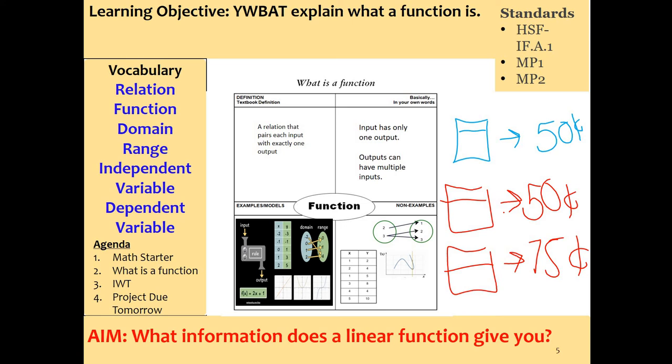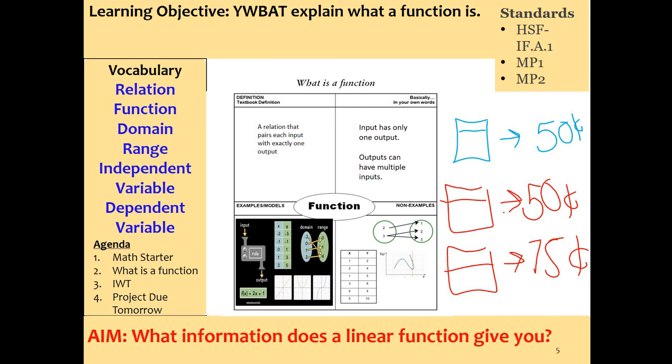For example, there can be different items in the store that are 50 cents. I'm fine with that. What I have issues with is when I walk into a store and it's the same item that on one day will cost something different another day. That doesn't work for me because that's not a function, right? A function, just think of a very good store, means that whatever item it is, it's that price no matter what, all the time.